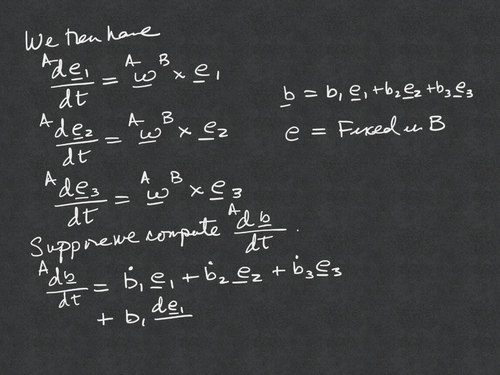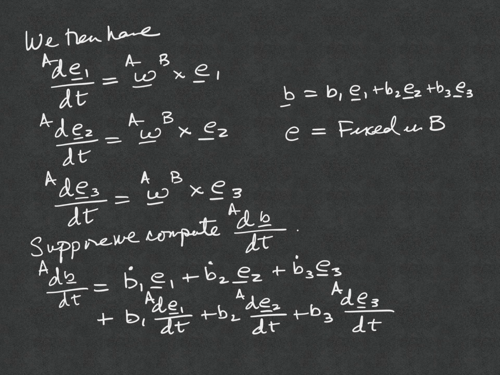They're going to be dE1/dt in A, because these basis vectors are not fixed in frame A. They're fixed in frame B. And so from the product rule for differentiation, I wind up with these three additional terms. But notice that the first three terms here are just the rate of change of this vector in frame B. So now I get the rate of change of the vector in frame B plus these three additional terms. So now I can write this as follows.